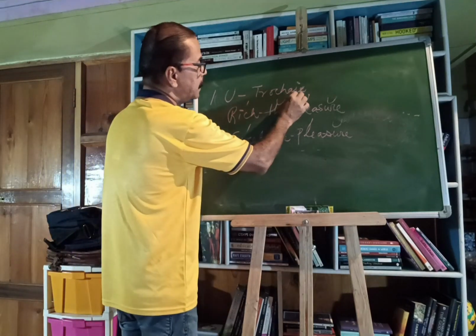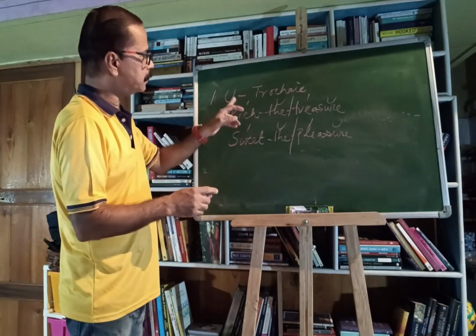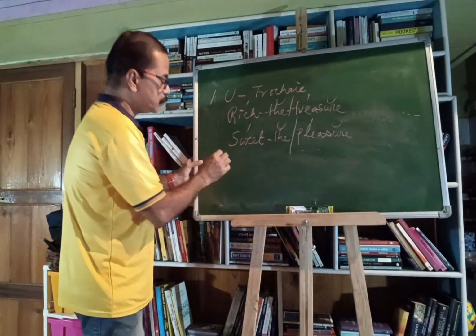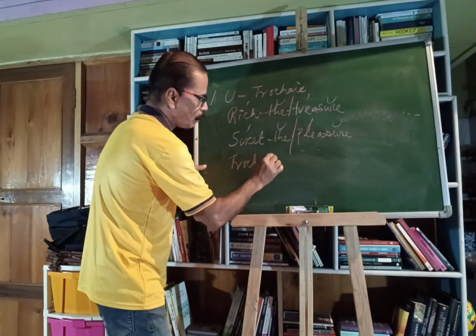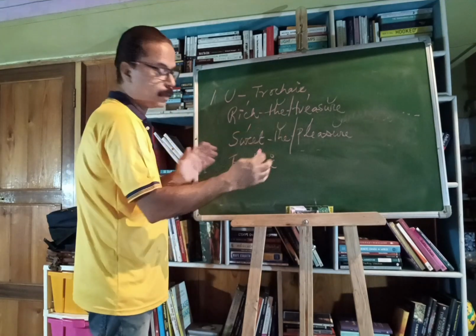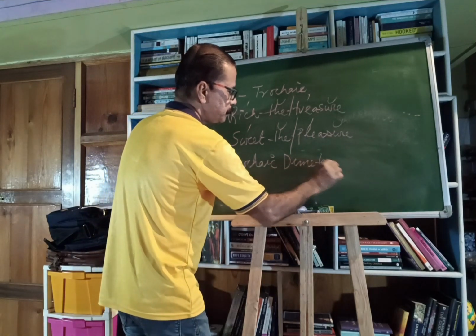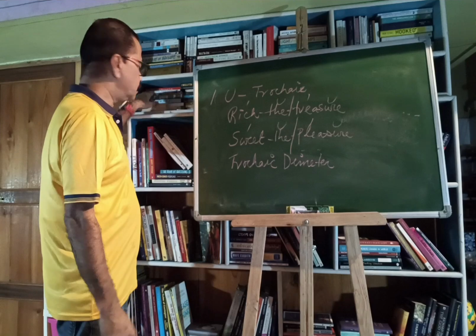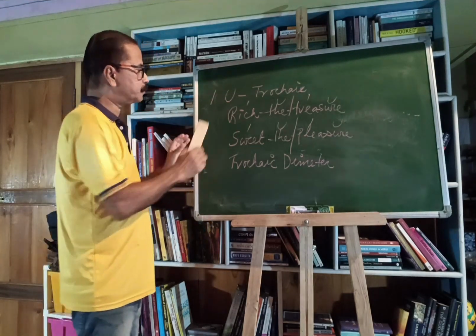So we can divide the lines into 2 feet. So here the pattern is stress, unstressed, stress, unstressed. So it is trochaic. Trochaic 2 feet, so it will be dimeter. Trochaic dimeter. So earlier one was iambic monometer, this is trochaic dimeter.